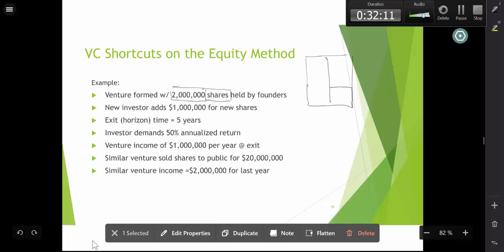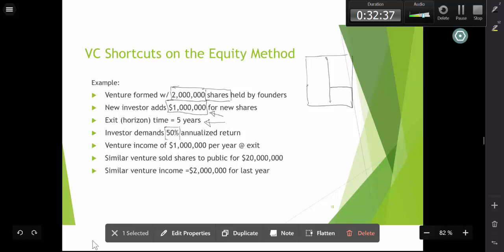And a new investor will bring in $1 million. Okay, so like I said, this is the input, and the investor is thinking to leave at the end of year 5, and they want an annualized return of 50%.